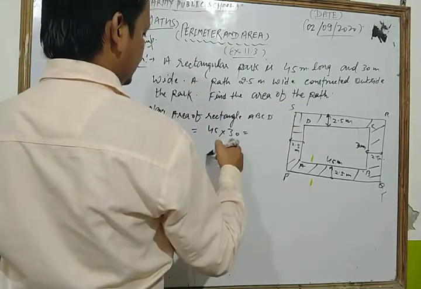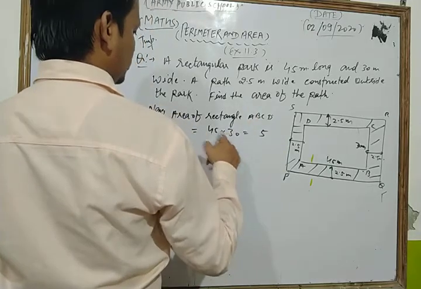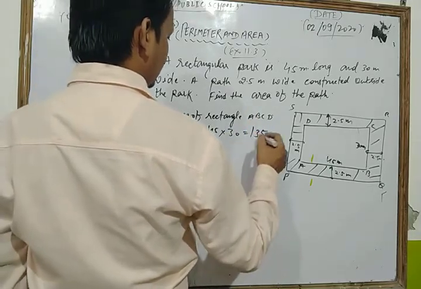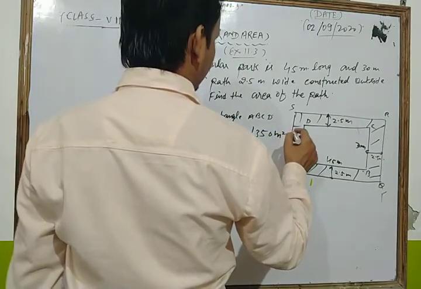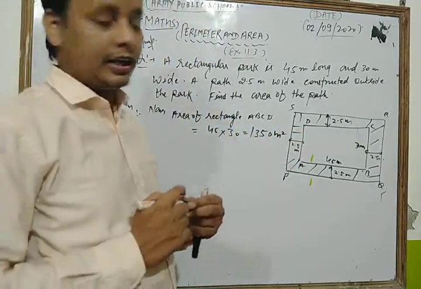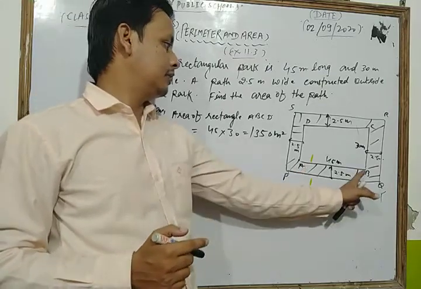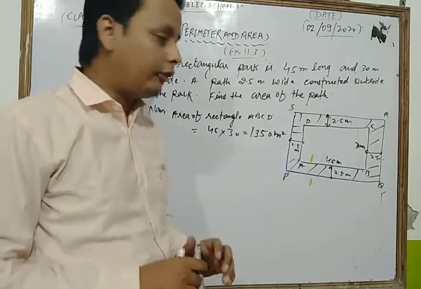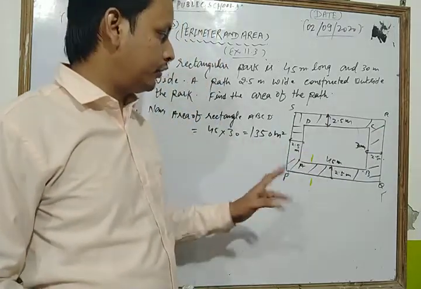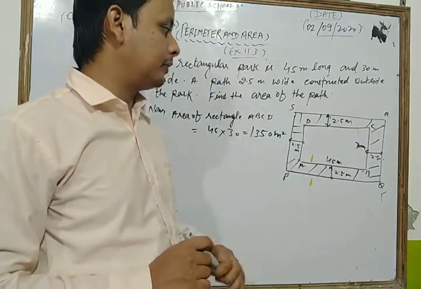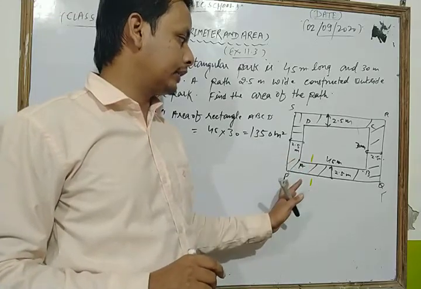We get 1350 meter square. This is the area of rectangle ABCD. Now we find the area of rectangle PQRS. First of all, we find the length of rectangle PQRS.